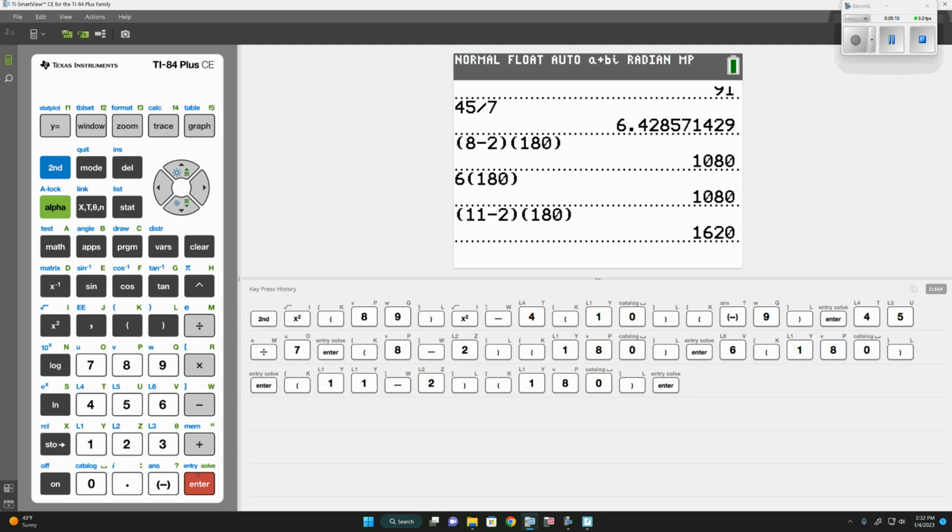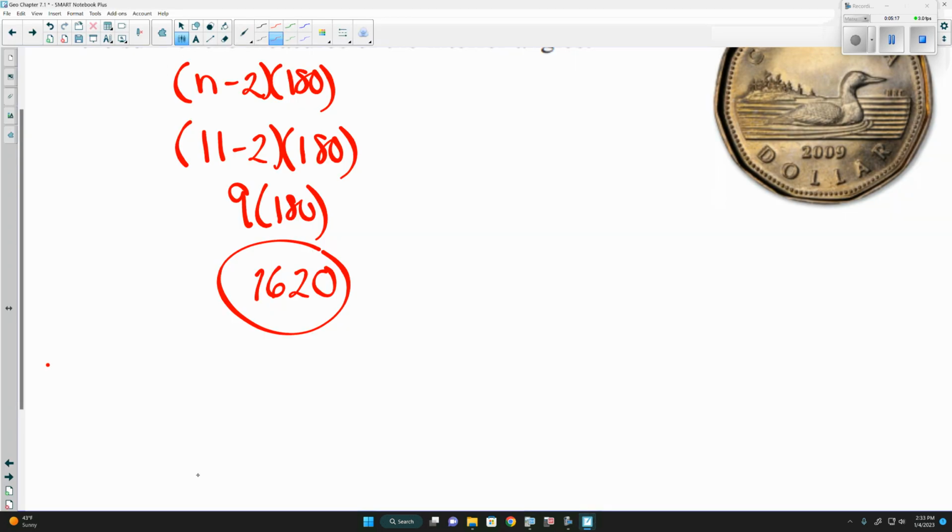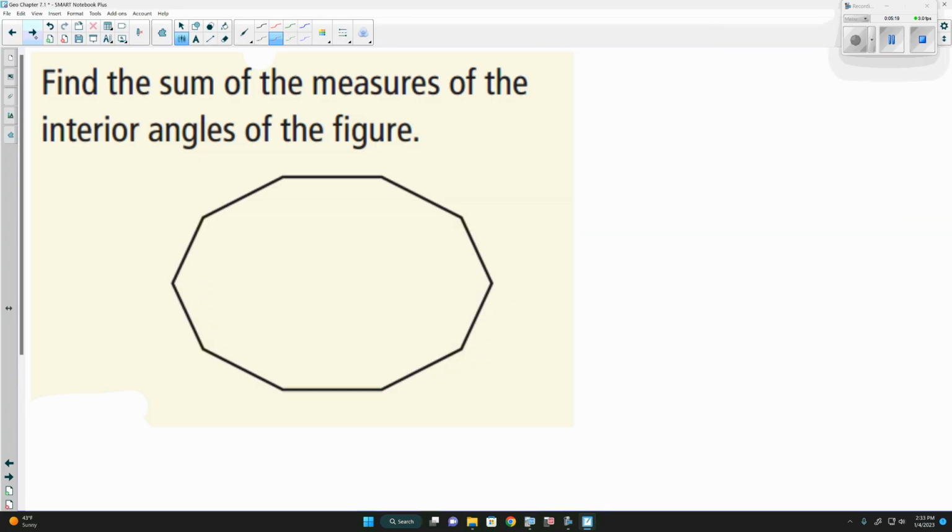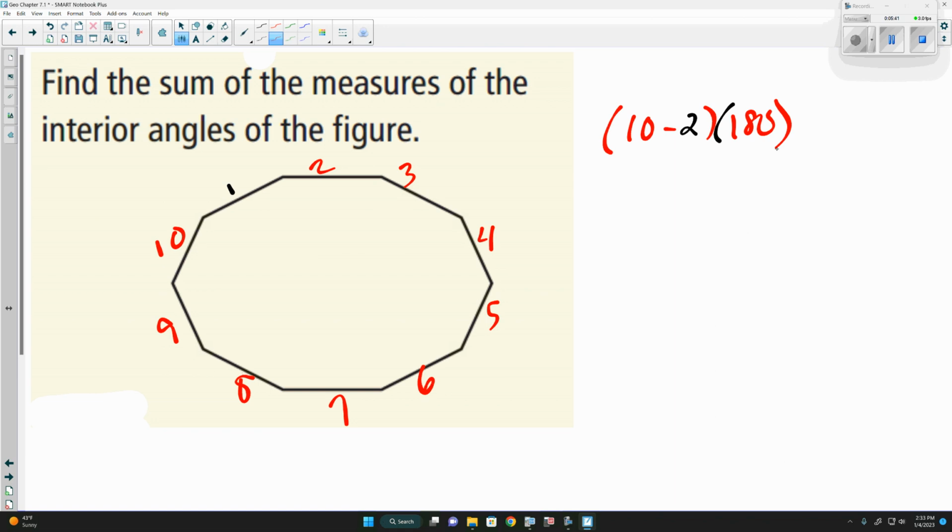That's it. Questions on this here? Do we need to see another example with one of these here? For this one, it's not too bad because we have 1, 2, 3, 4, 5, 6, 7, 8, 9, 10. So we would do 10 minus 2 times 180.